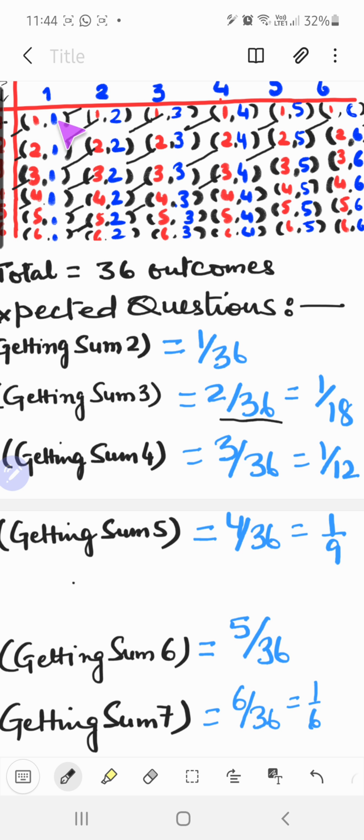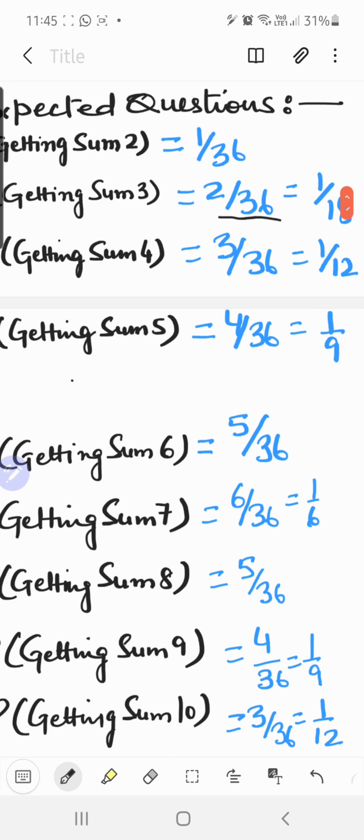From sum 2 to sum 7, you have seen that gradually we are increasing: 1 by 36, 2 by 36, 3 by 36, 4 by 36, 5 by 36, and 6 by 36 till 7. Starting from 2 till 7, we are increasing by 1 in favorable outcomes.